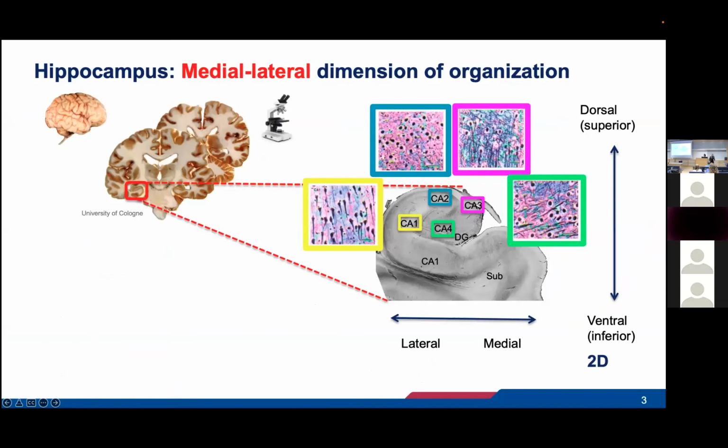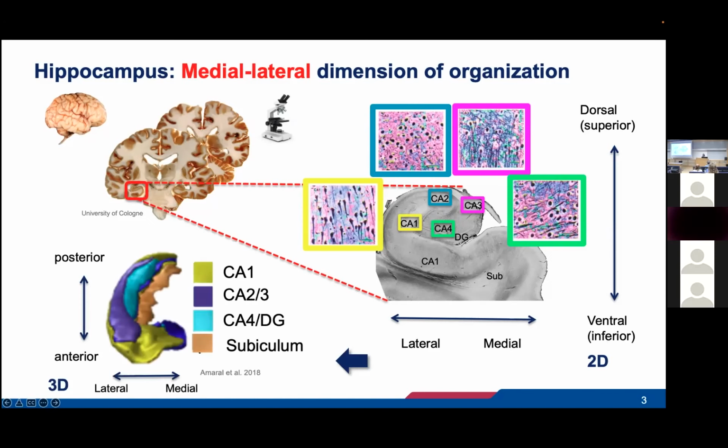The hippocampal organization is that it is divided into subfields based on its cellular subdivision and composition. This is mainly done in 2D, but if we reconstruct it back into 3D, we still see a very prominent medial-lateral differentiation, one subfield following the other subfield.